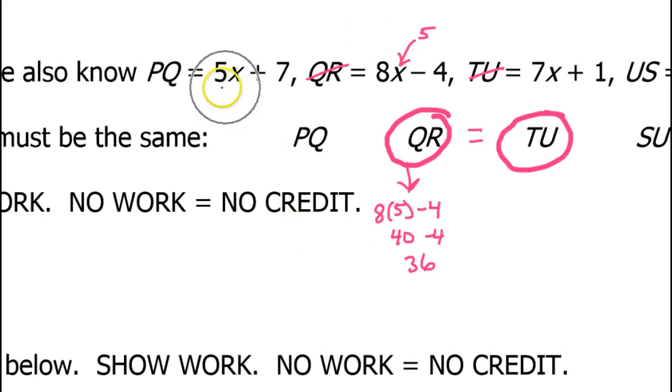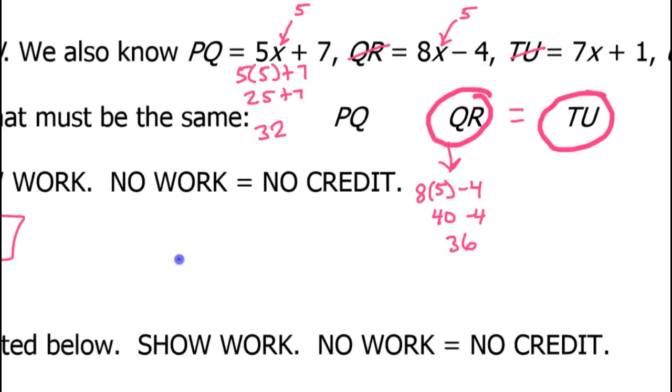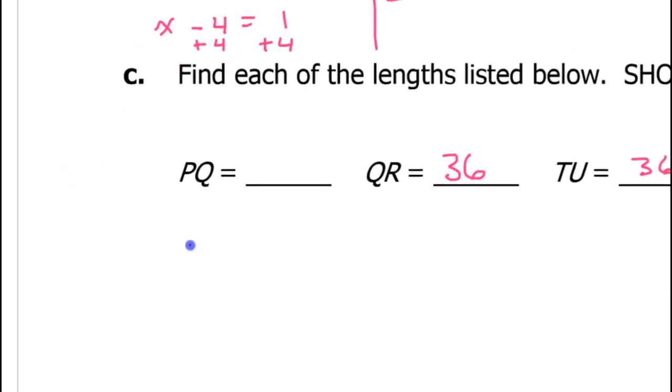So here's PQ. If x is 5, then PQ is going to be 5 times 5 plus 7. So that's 25 plus 7, which is 32. So PQ is 32.